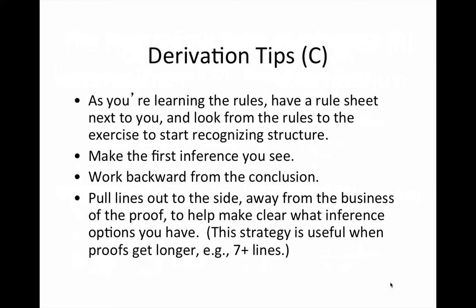Now, when you're thinking about how you can work the derivation for an argument, you're going to want to think in terms of assembling or disassembling sentences by way of operators. That is, by way of negation, conjunction, disjunction, and horseshoe.